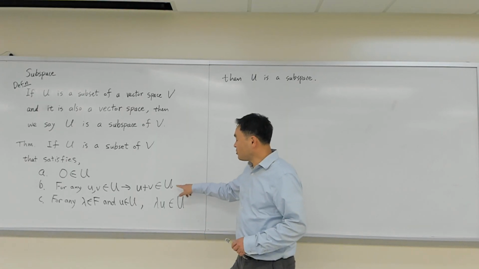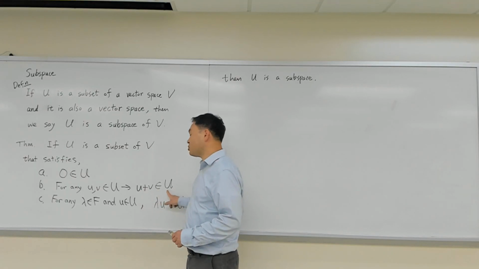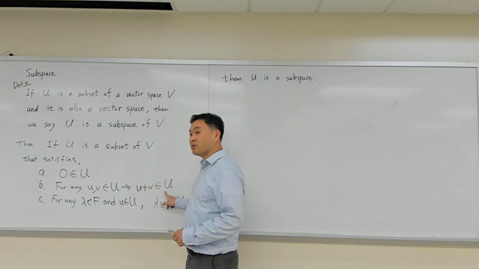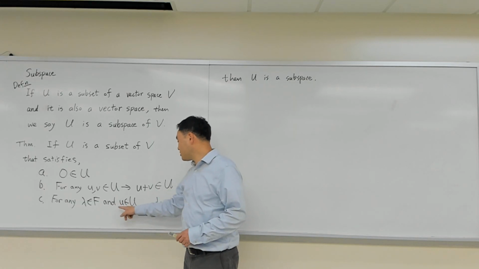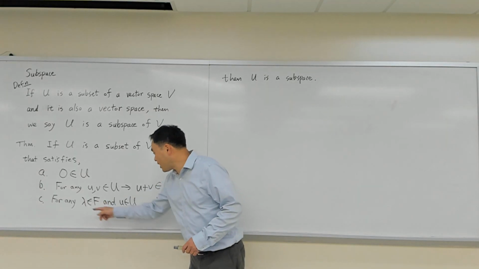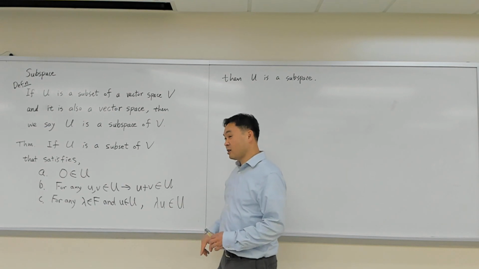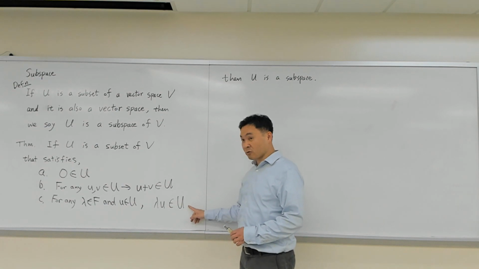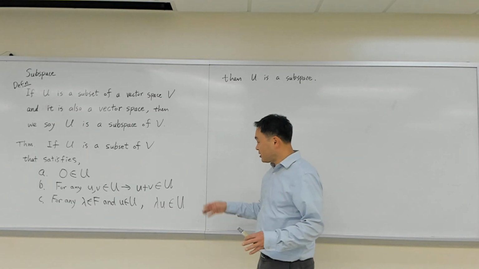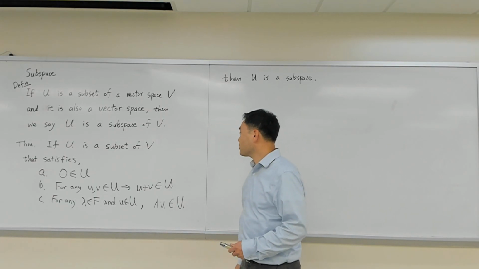This one means if you take two elements in U and add them together, it's still in U, so it's closed under addition. And this means you take any scalar and multiply it to the vector, the scalar times the vector is in U, so it's closed under scalar multiplication. Now if you have these, then it should be a vector space.